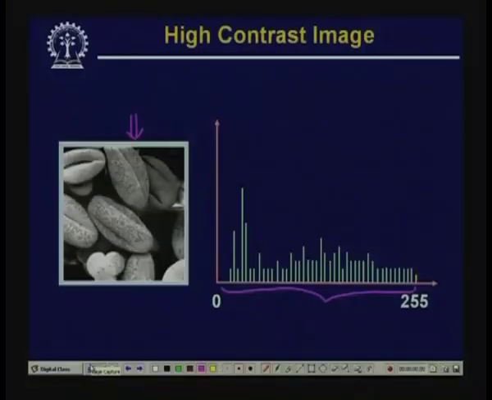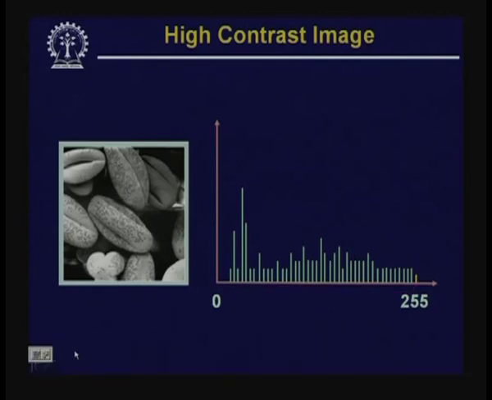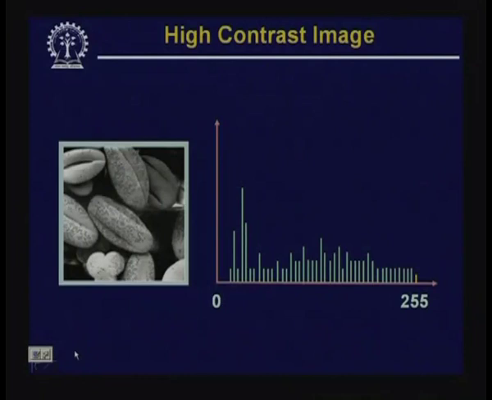When we talk about histogram based processing, most of the histogram based image enhancement techniques try to improve the contrast of the image, whether we talk about histogram equalization or histogram modification techniques. Histograms just give you a global description of the image. They do not tell you anything about the content of the image. Just by looking at the histogram, we cannot say what the content of the image is.